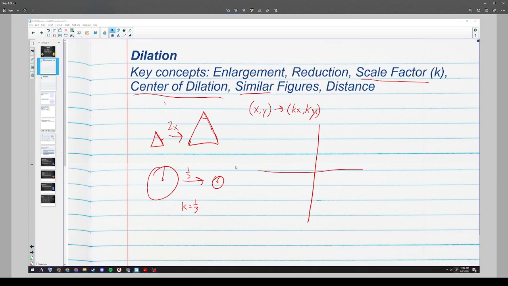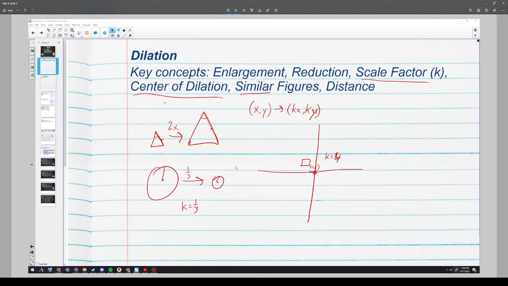So if I took a square here, and this is going to be terribly not to scale because of how I'm drawing here, but if my center of dilation is the origin, and I want to double the size of this, so I want to have a k equal to 2, what I would do is take my distance to each point, so say this corner was at (-1, 1), I would double that, and let's actually do a k of 4, make it 4 times as big.